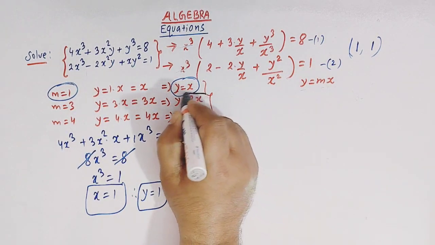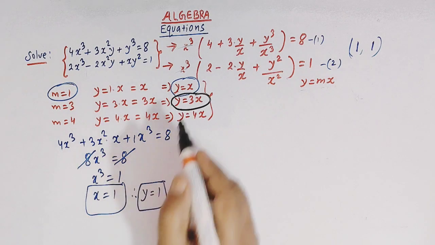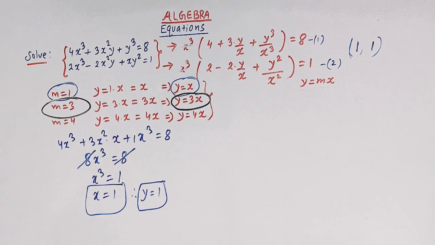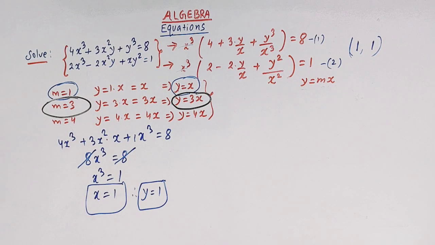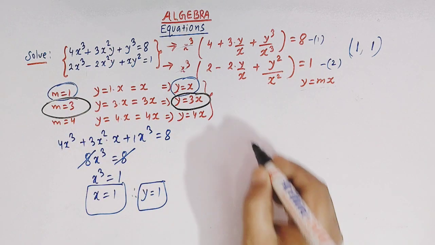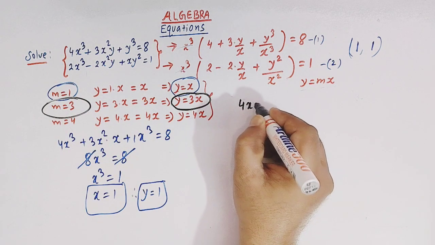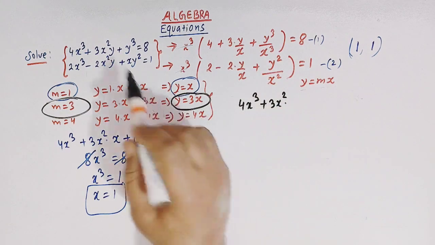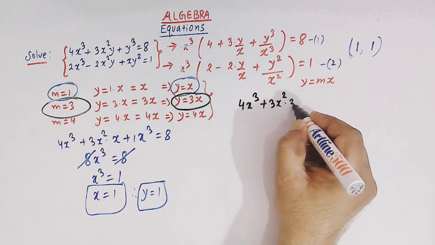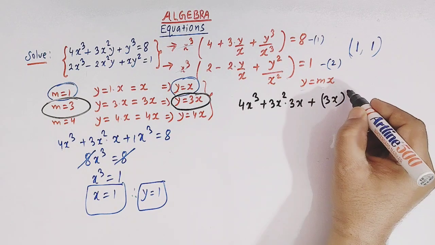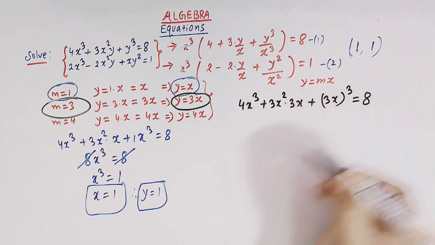Now let us consider the second one. Here we have y equal to 3x, which corresponds to m equal to 3. So when we take y equal to 3x in the first equation, we get 4x cube plus 3x square times y. For y, we can write 3x, plus 3x cube, equal to 8.